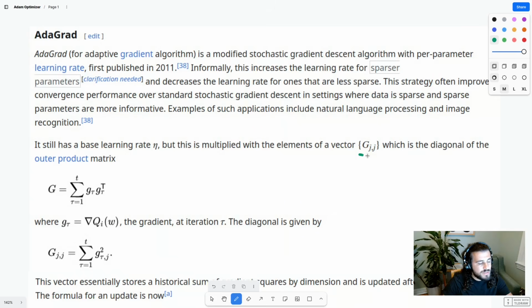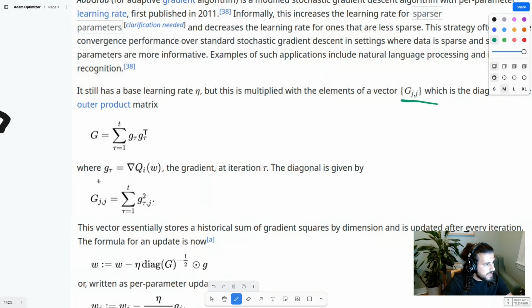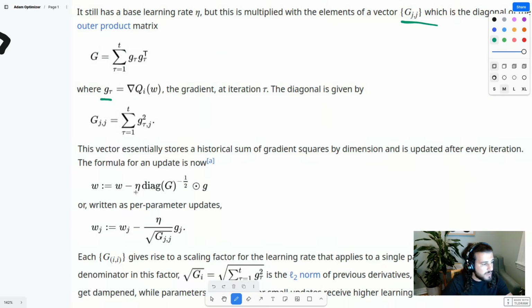So all of this lives in this vector j, which is the diagonal of this matrix, and this small j is the gradient. So for the gradient at iteration t, the diagonal is given by that. We're using the past gradient information to tell us what we should be doing. Because the only thing that matters is the diagonal of this matrix, this is per parameter, right?